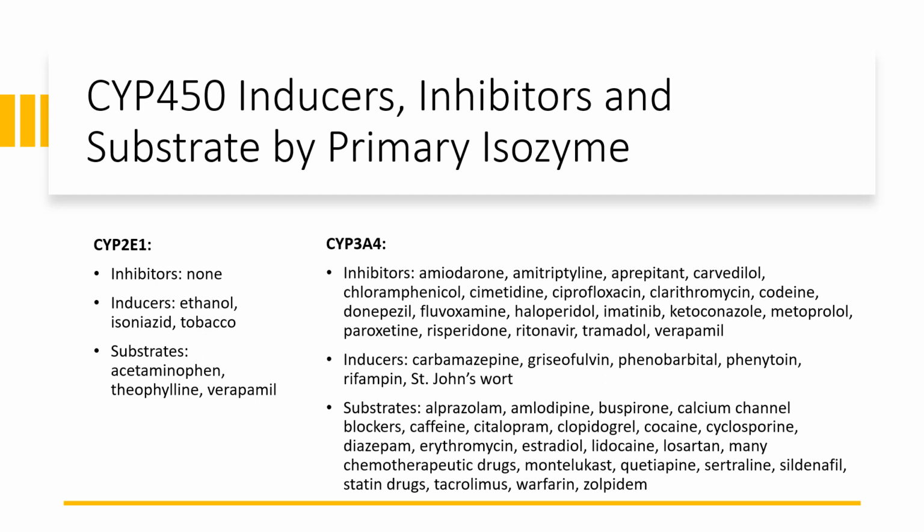Substrates, again, a large amount of products listed here: alprazolam, amlodipine, buspirone, amongst many others. So this is definitely one of those isozymes that you definitely want to consider in your practice.